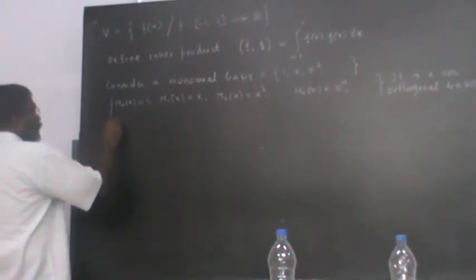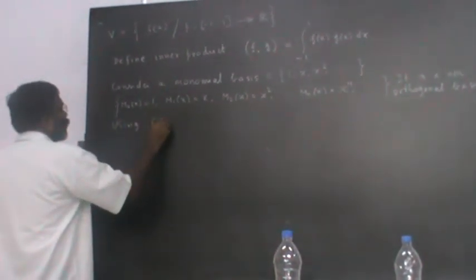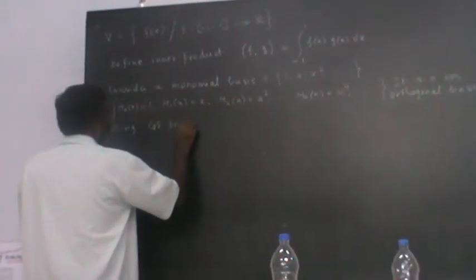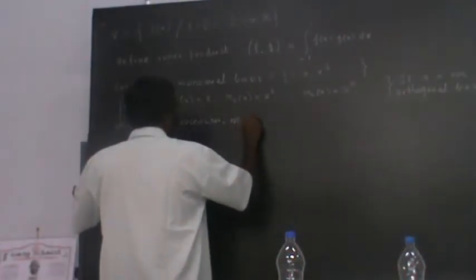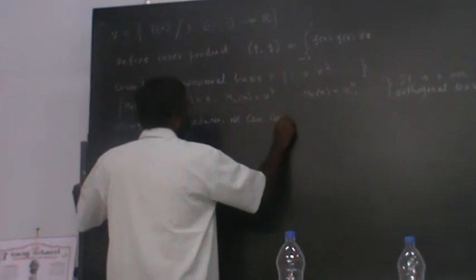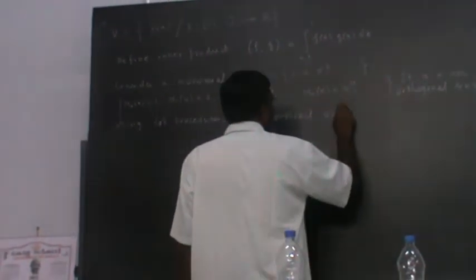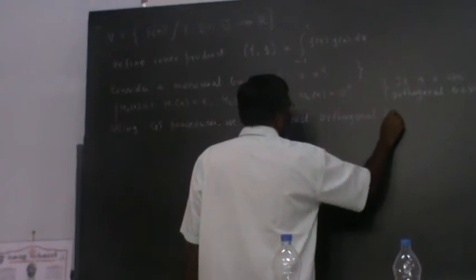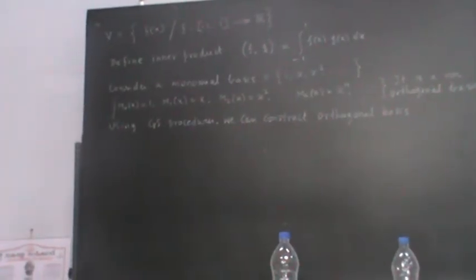Using the Gram-Schmidt procedure, we can construct an orthogonal basis. From the monomial basis, we can construct an orthogonal basis.